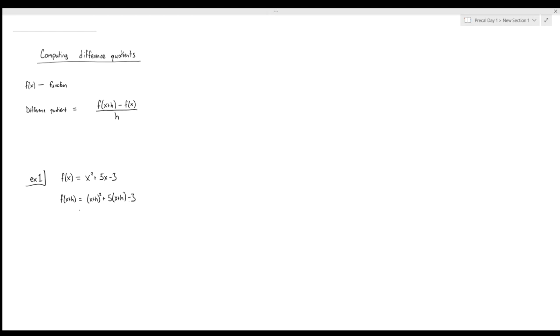And it's probably worth simplifying this a little bit. So I'm going to go ahead and multiply everything out. So x plus h squared is x squared plus 2xh plus h squared. And then likewise, I'm going to distribute the 5 into the parentheses.